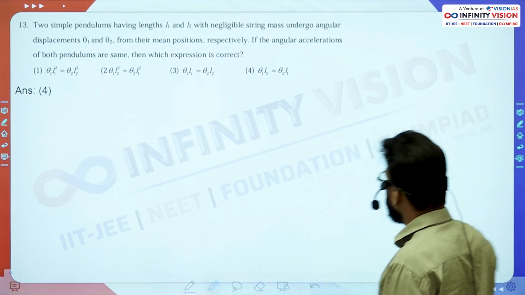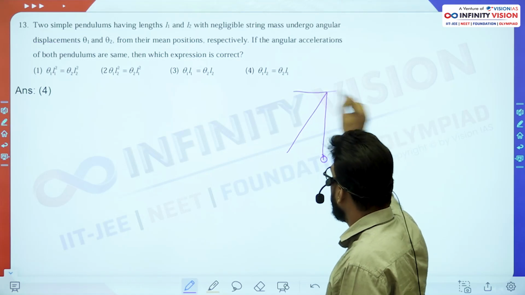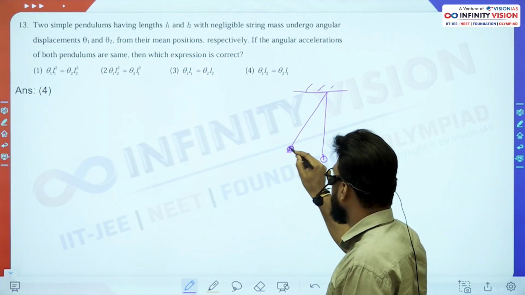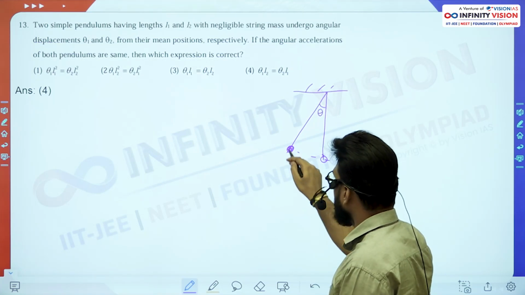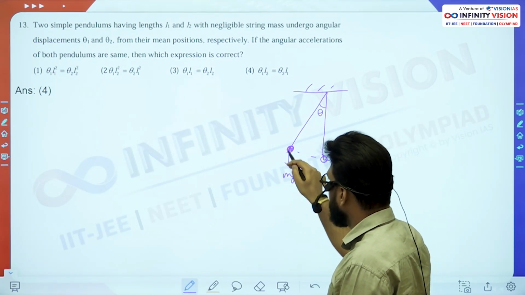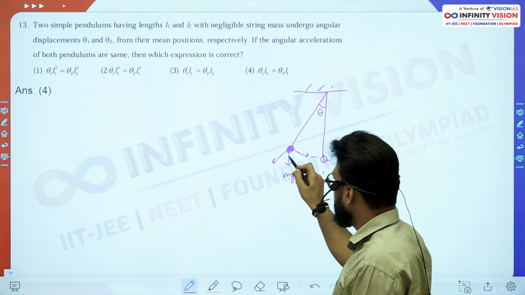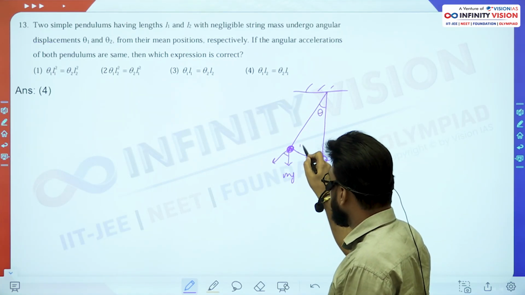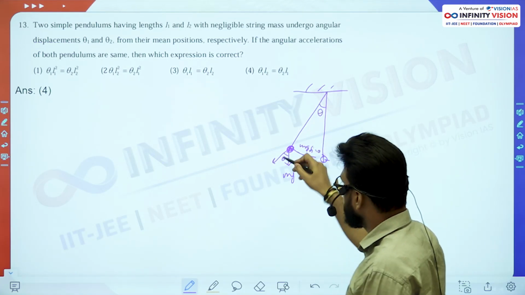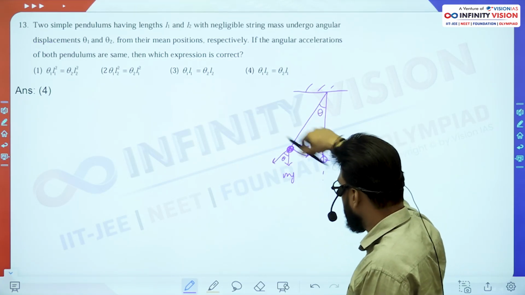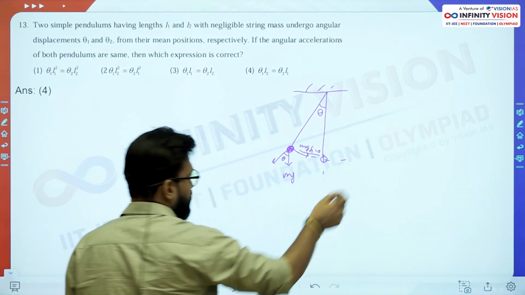We already know that if you have given a pendulum and it is given a small displacement theta, the weight will make it to come towards its mean position. The component of the weight which make it to come towards its mean position is mg sine theta, because this angle is theta, so this would be the cos component and this would be the sine component. So mg sine theta will make it to come towards its mean position.